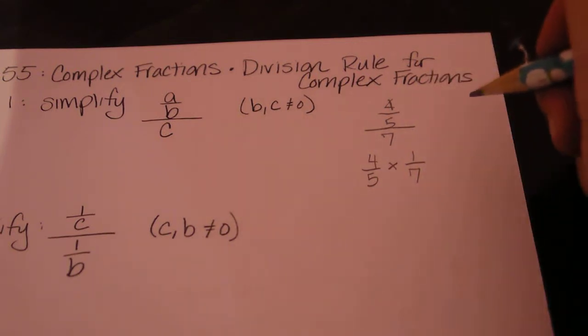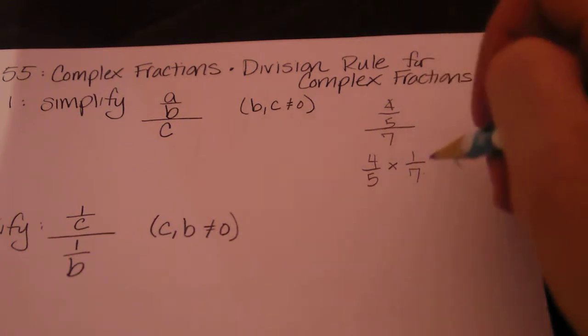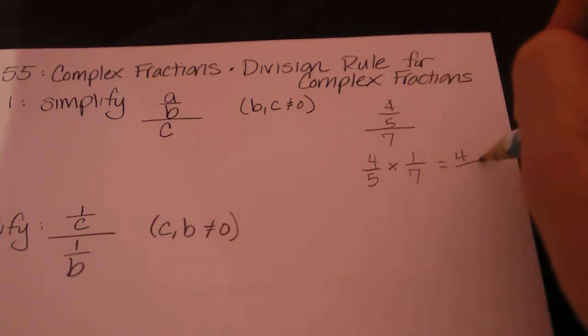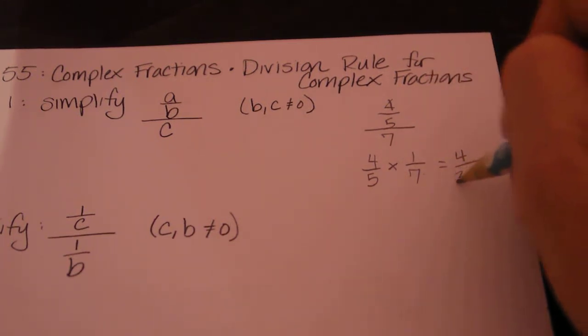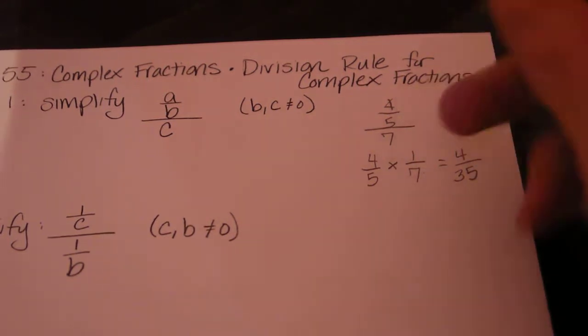We multiply by the reciprocal. So 7 goes downstairs, and you would have 4/35. That's all we're doing for this.